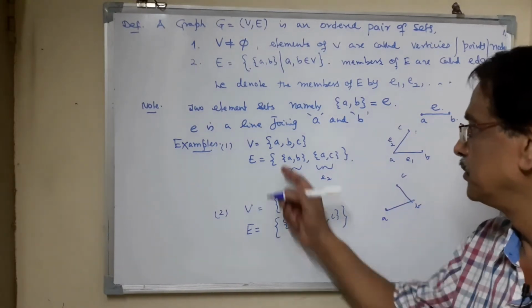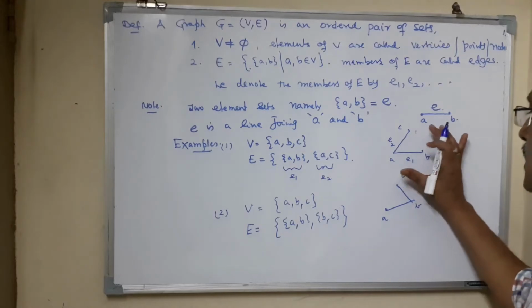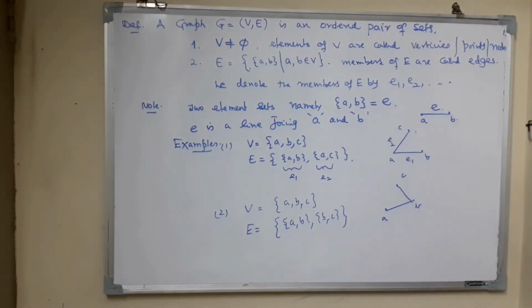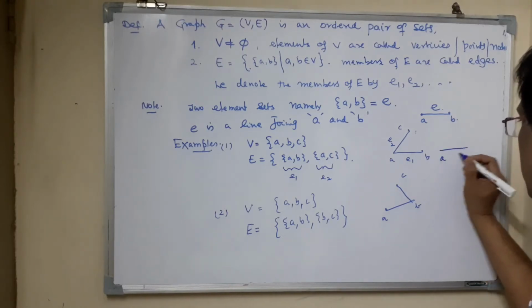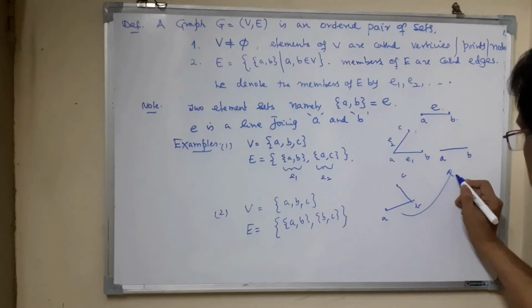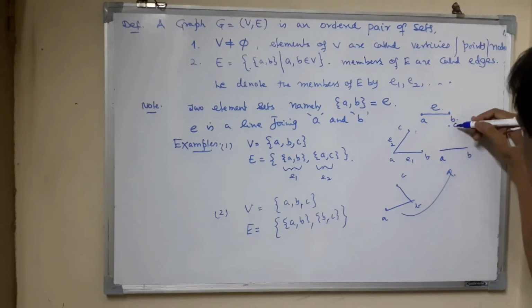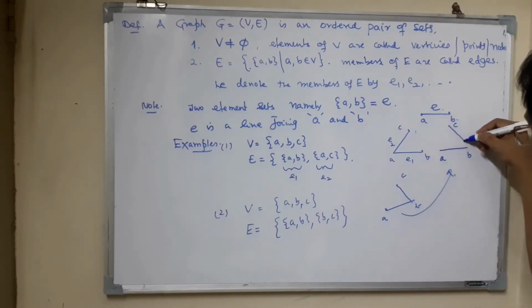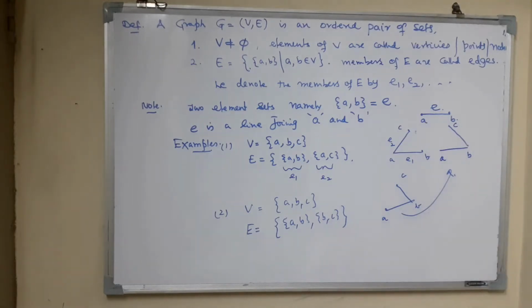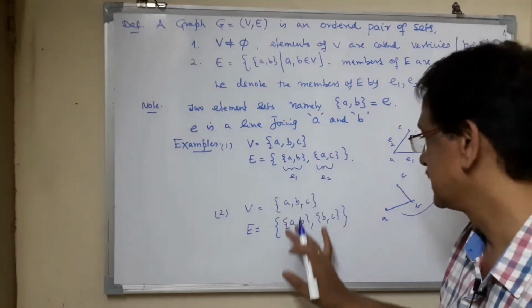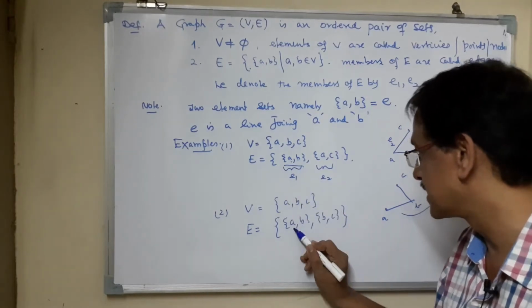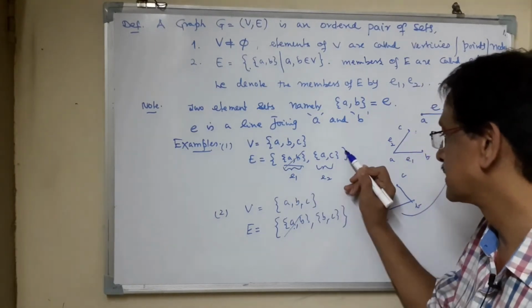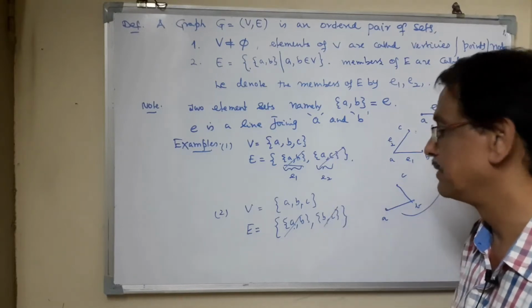So you can observe that these two look alike. Suppose if I rotate this, this is A, this is B. I am writing this. C is here. The figures look alike, but they are not the same because the sets are not the same. AB, the set containing A and B, and the set containing A and B are the same, whereas the set AC and the set BC are not the same.